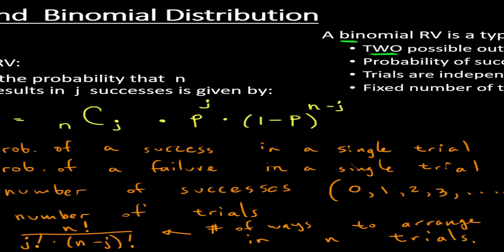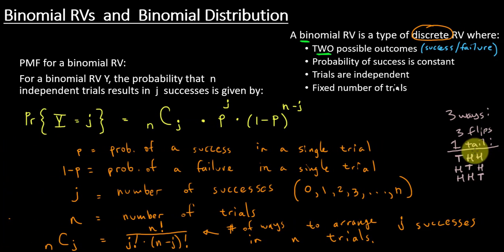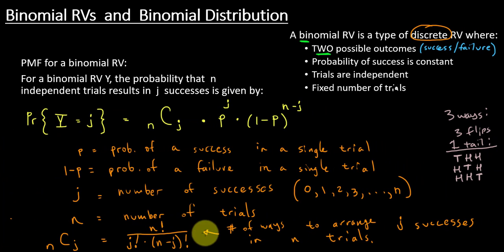A coin is a classic binary situation, and here there are 3 ways that in 3 flips you could achieve 1 tail. So that's exactly what this combination would tell you. That would be 3 choose 1.